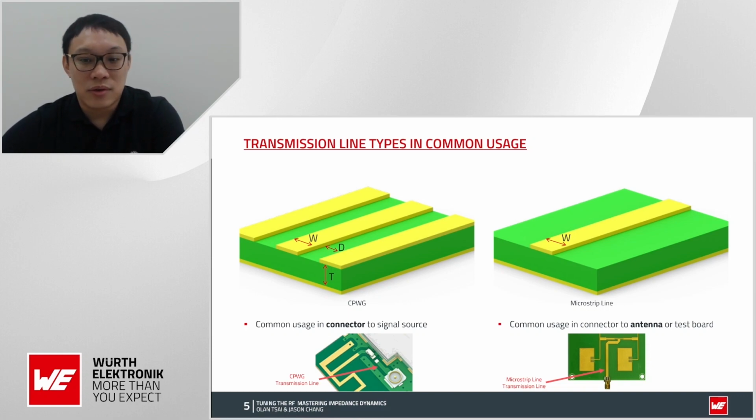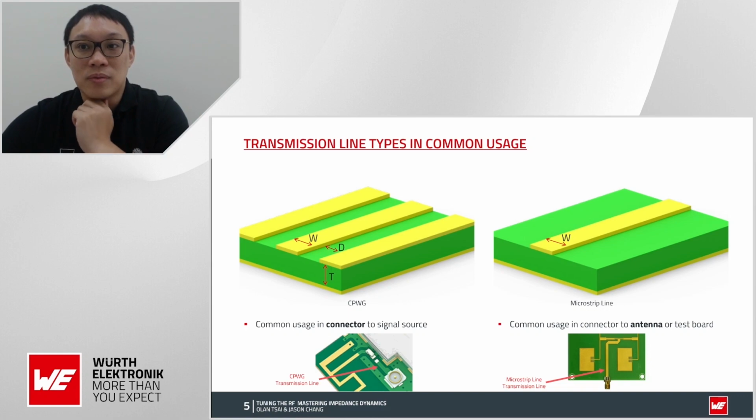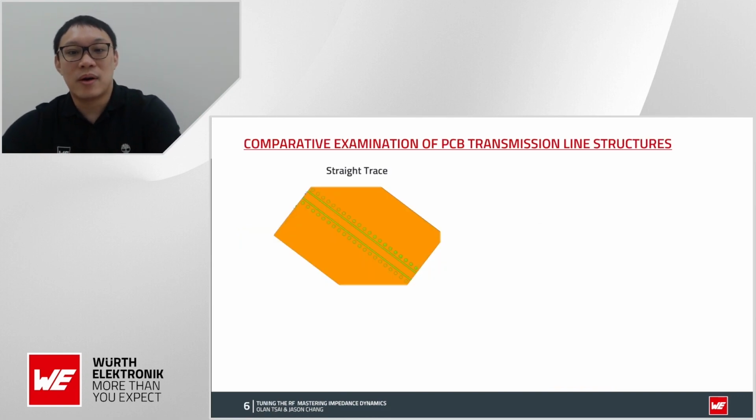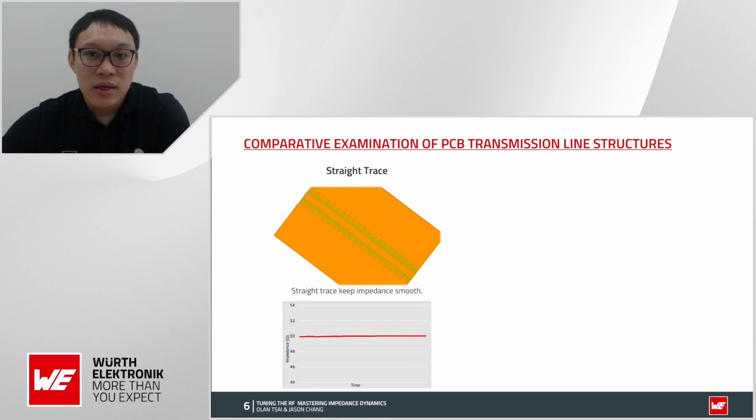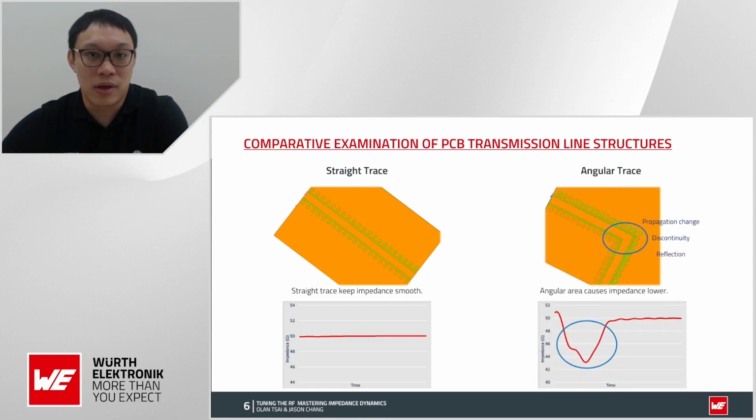Okay, so let's move on to the problems you can have when you are trying to do the impedance matching. Let's start from the trace line on PCB. If you are designing a straight trace line, you can get a smooth impedance more easily compared to a right angle line.